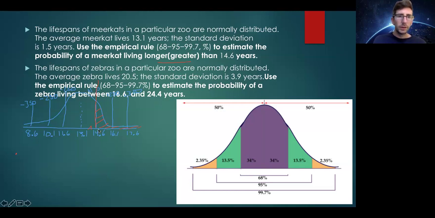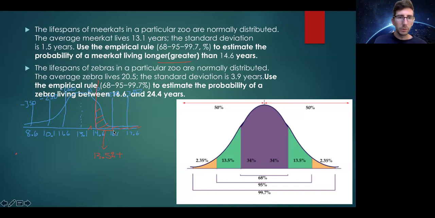And again, to find this, we can use our cheat sheet, right? So in between one standard deviation to two standard deviations above the curve, from 1 to 2, we know there's 13.5% of our data under the curve here.